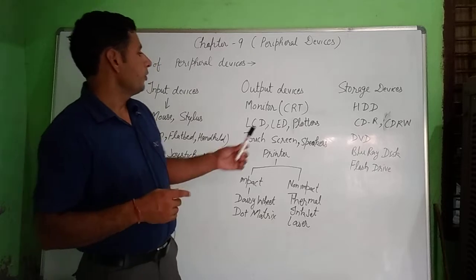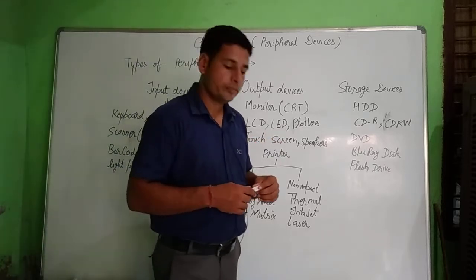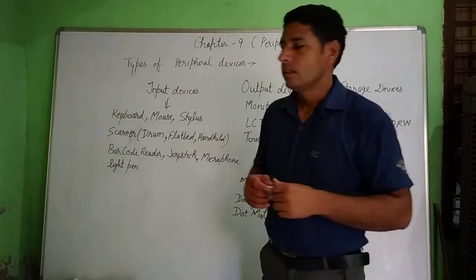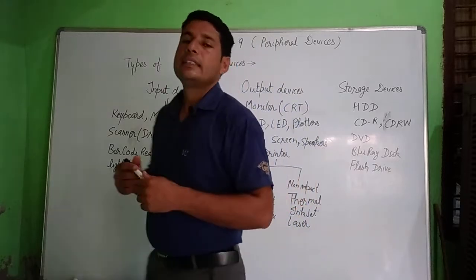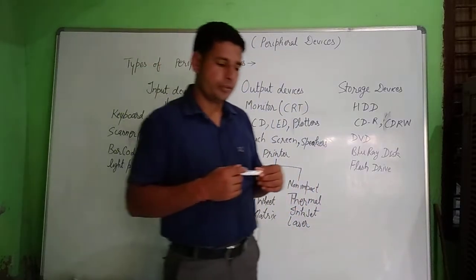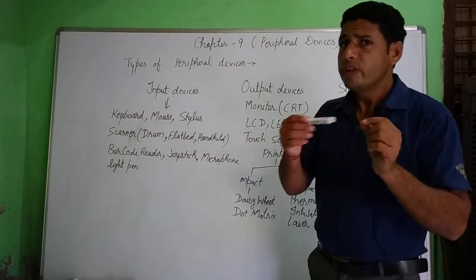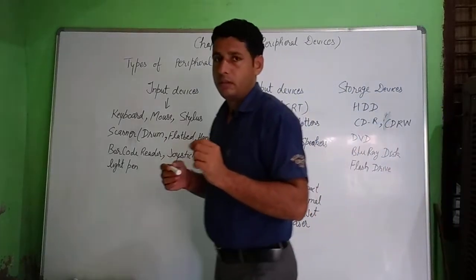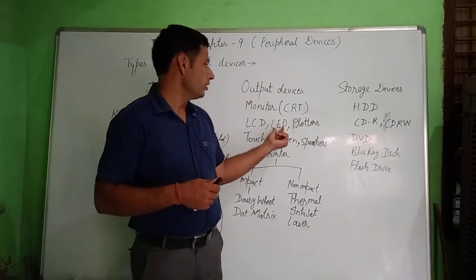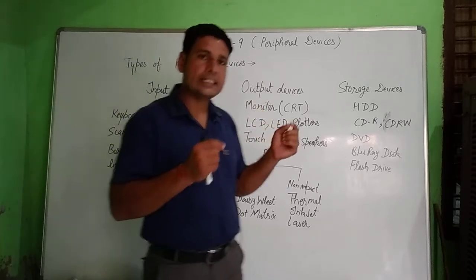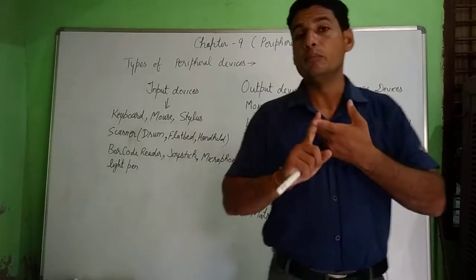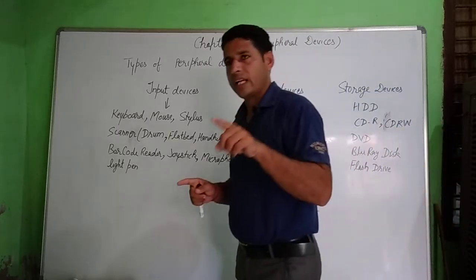After that we had LED. LED is light emitting diode. In LCD it works with liquid crystal display. Here we have diodes, light emitting diodes. They have better quality than your LCD.